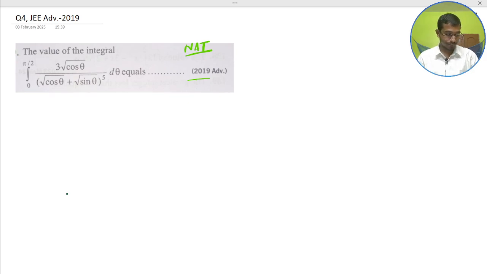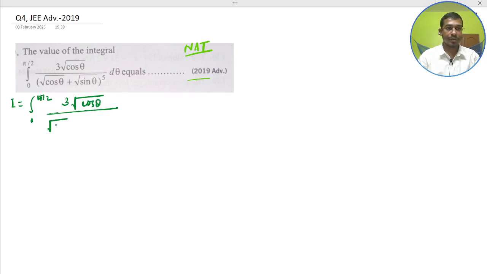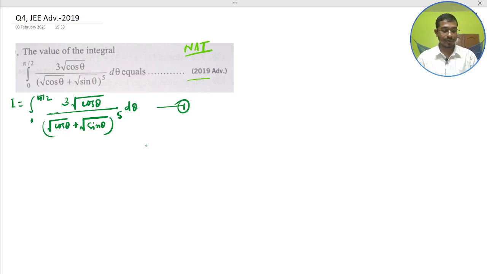So here I is given by the integral from 0 to pi by 2 of 3 root cos theta divided by root cos theta plus root sin theta to the power 5 d theta. This is equation number 1.